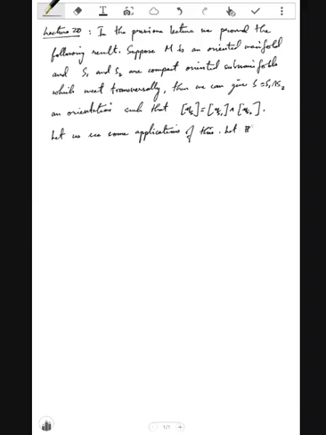Let P and C denote complex projective space.